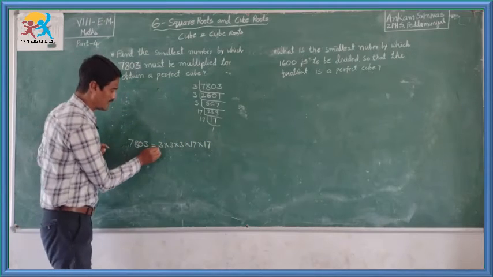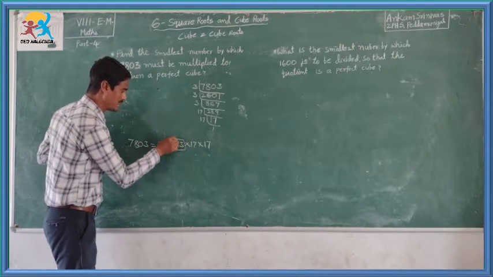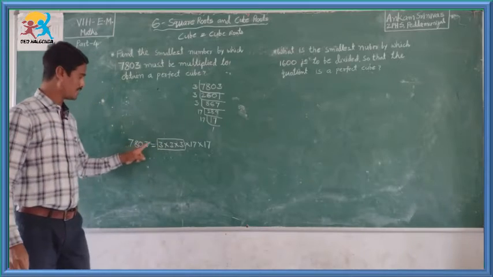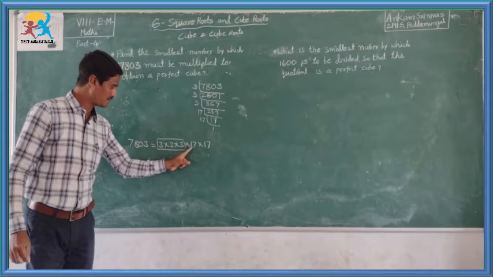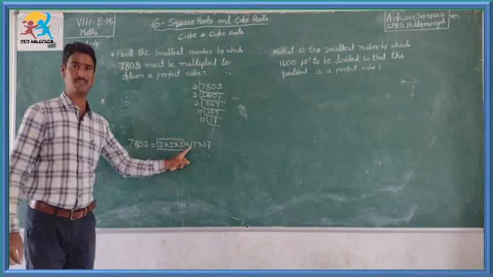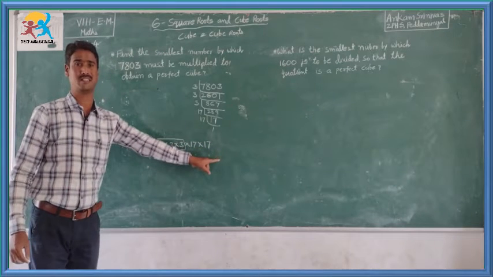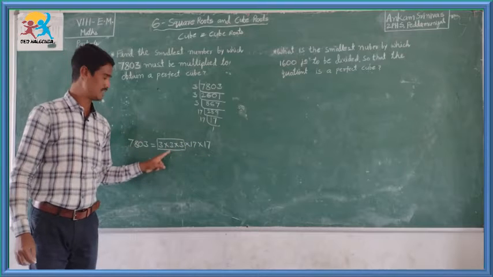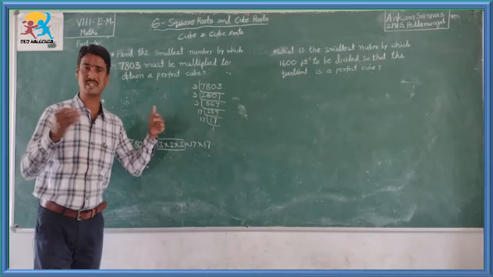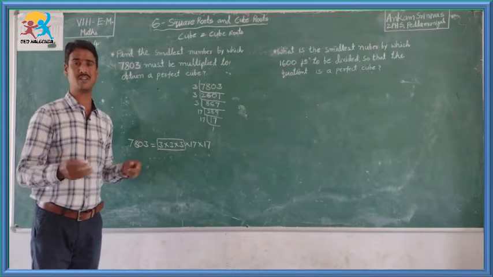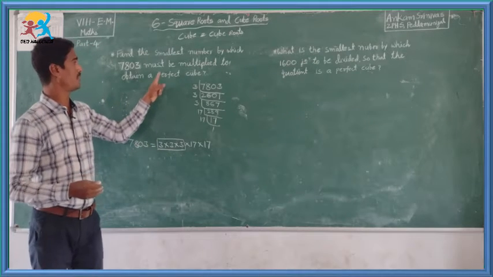Here there are 3 threes, which make a perfect cube up to here. So for this number to become a perfect cube, we require one more 17, because a number that can be written as 3 same factors is known as a perfect cube.